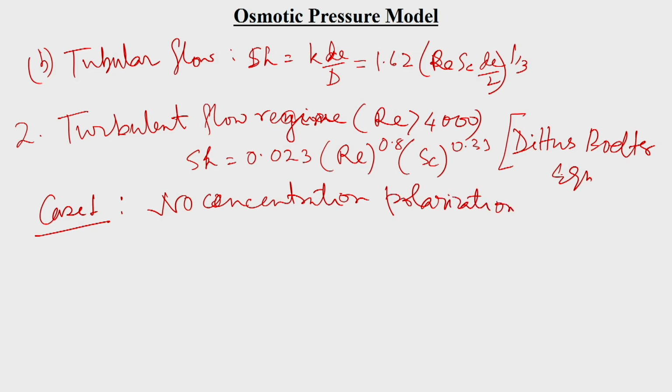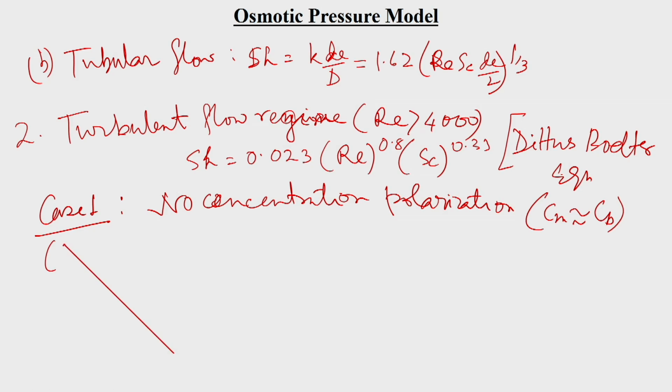So Cm will be almost equal to Cb, meaning the solutes are not deposited on the membrane surface, and in the entire membrane separation process the solute concentration remains almost the same at the membrane surface. It can happen when the stirring speed is very high.